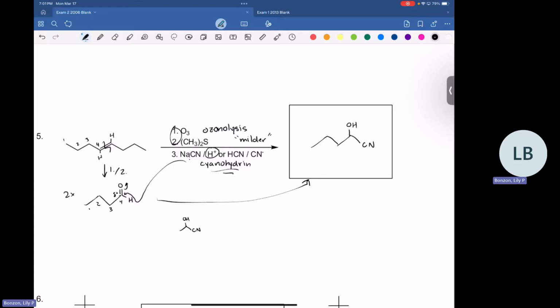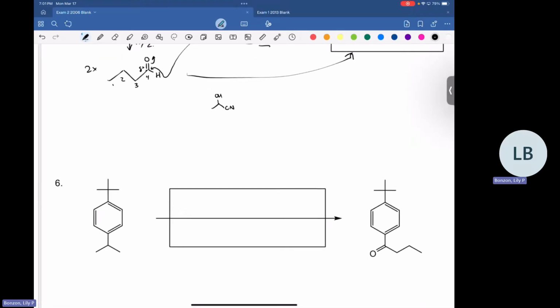Aldehydes are more reactive, so I think they just chose to do an aldehyde, but it would work with a ketone as well. In this case, the ketone would have the additional R group, but same thing, the OH with the nitrile. Yeah. Okay. Go ahead and move on.